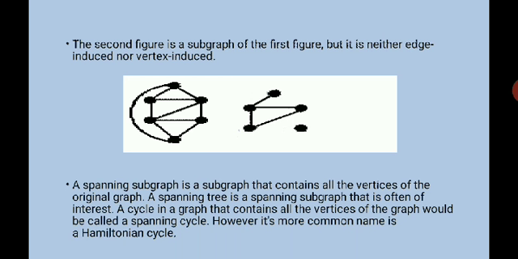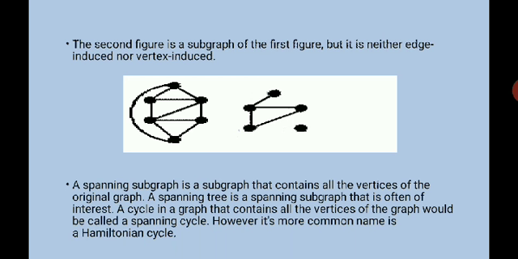Now there's something extra that you can note down, but it's not in your syllabus. A spanning subgraph is a subgraph that contains all the vertices of the original graph. So any subgraph that has all the vertices of the original will be a spanning subgraph. A spanning tree is a spanning subgraph that is often of interest.